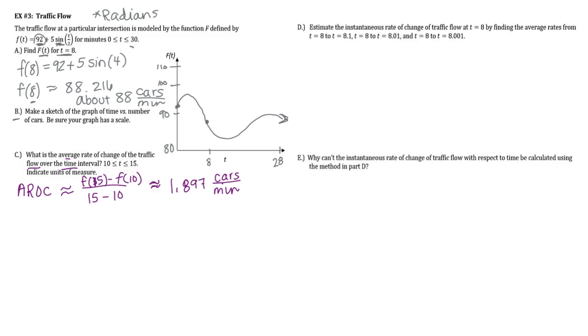Okay, over in part D, they want us to go through and estimate using our intervals. We're going to estimate what the instantaneous rate of change would be at time t equals 8. So we'll set up a couple of different intervals, and notice that the first interval they want us to address is from 8 to 8.1.